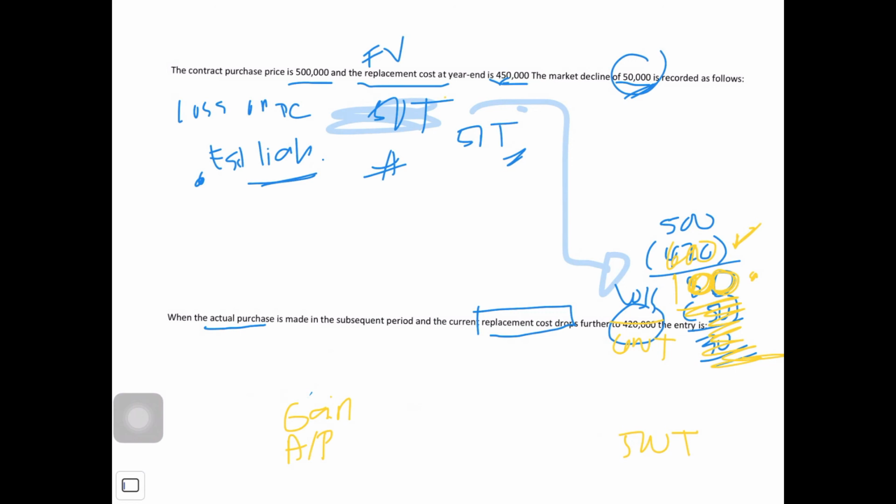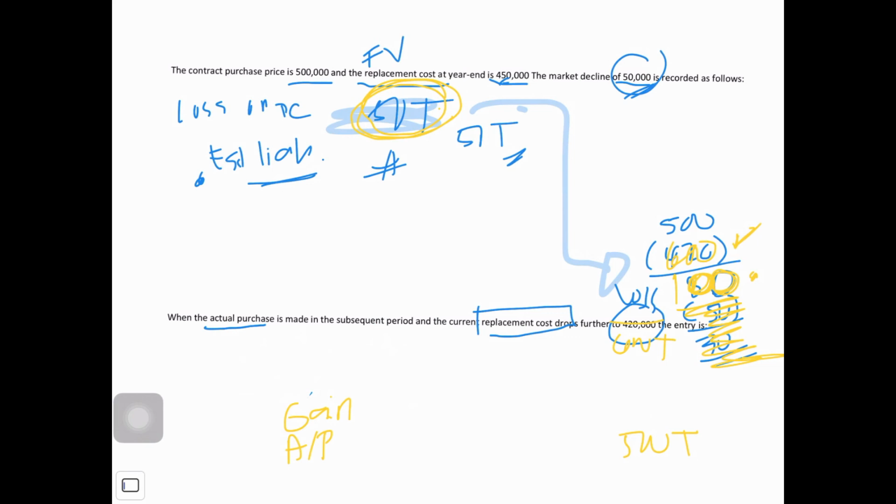No. We record our gain only up to the loss we previously recorded. So that is our limit. Any gain is limited to the loss on purchase commitment previously recorded.